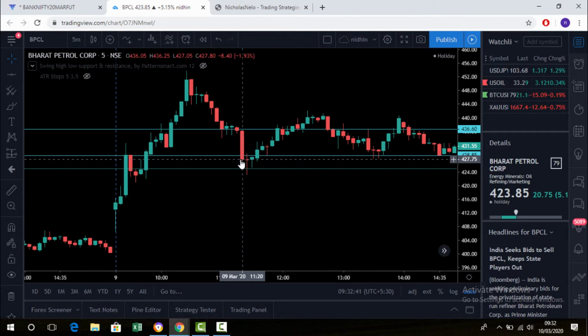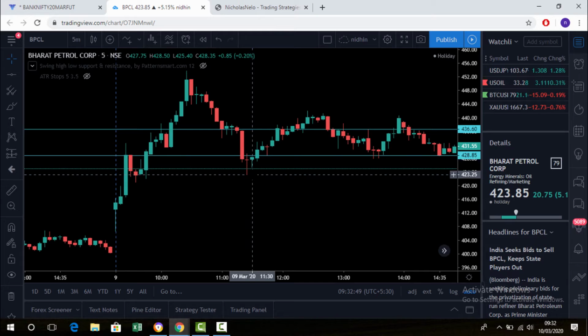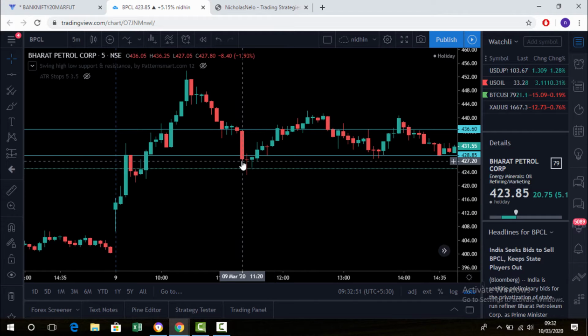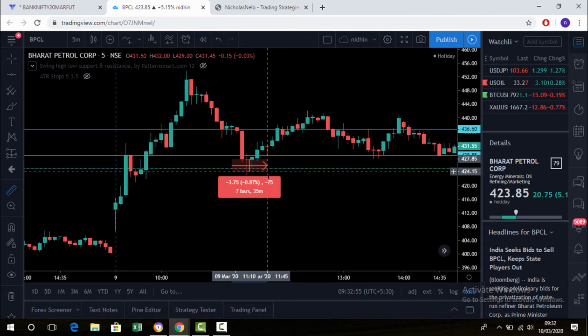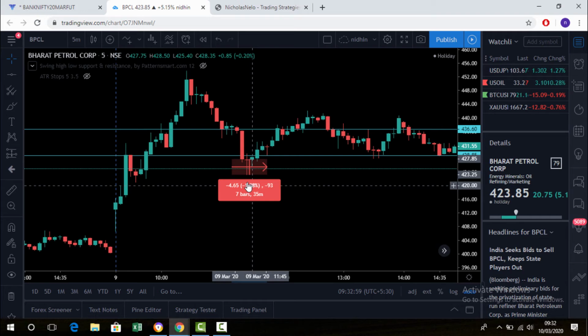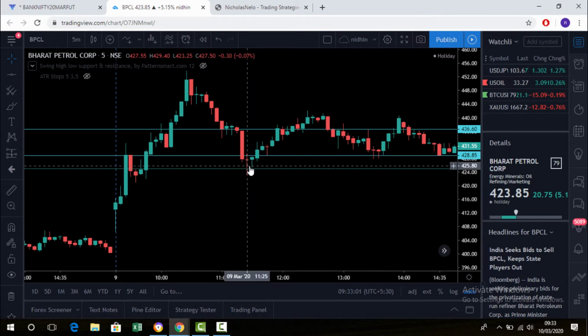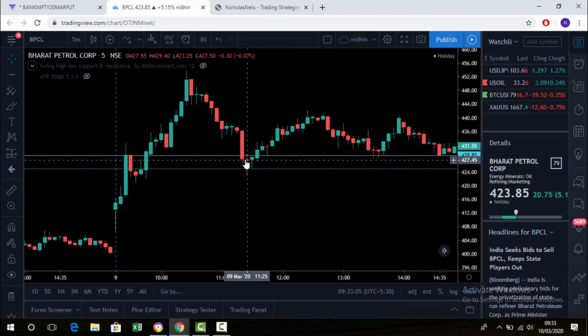Here the market is at 427.75. 427.75 is the sell level. From here it comes down to 423.25. See, if you want the percentage from here, it's down more than 1%. In the same way, you already know that this is the support level.